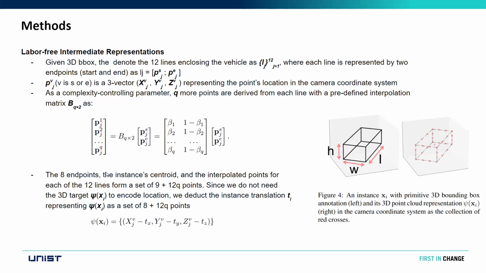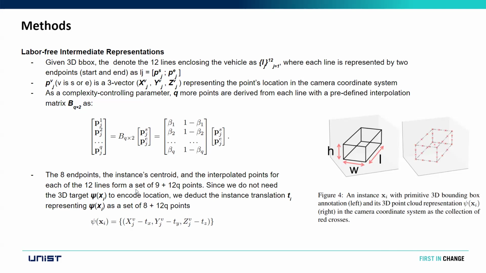For each cube, we have 8 endpoints and a centroid, so a total of 9 points. And this 12Q means we have 12 lines, with Q points on each line. In this case, we take Q as 2, so there are 2 points on the line. But we don't predict the translation.